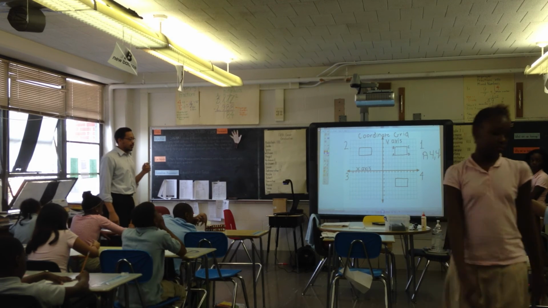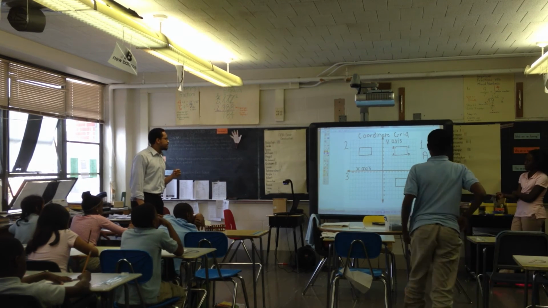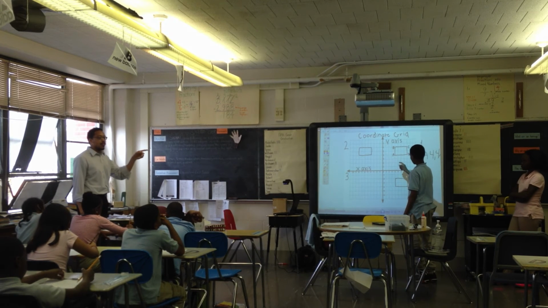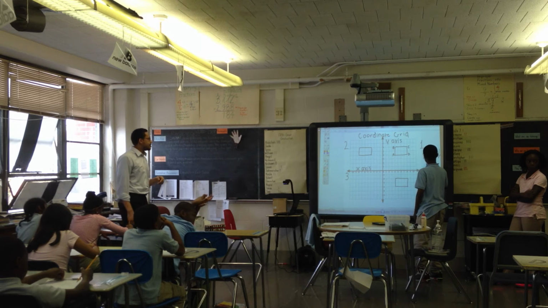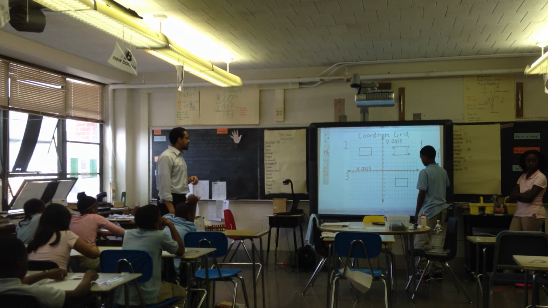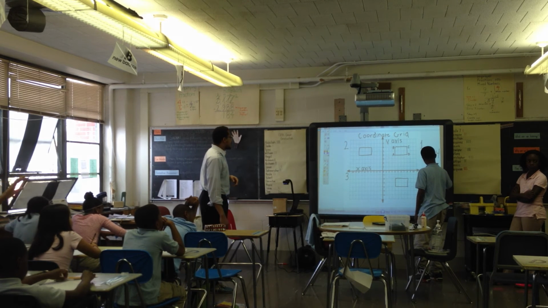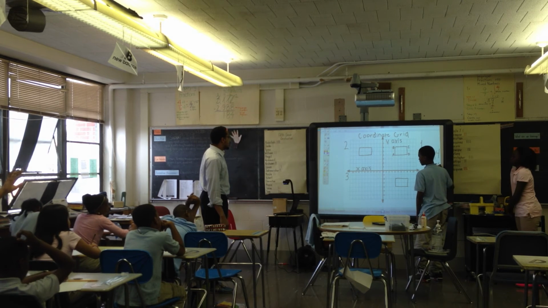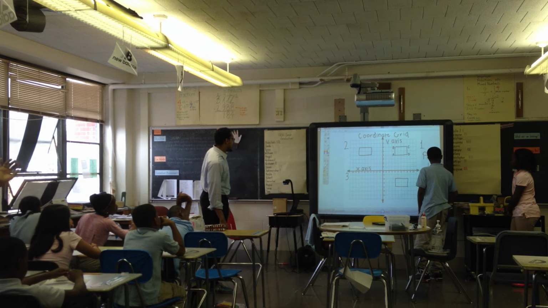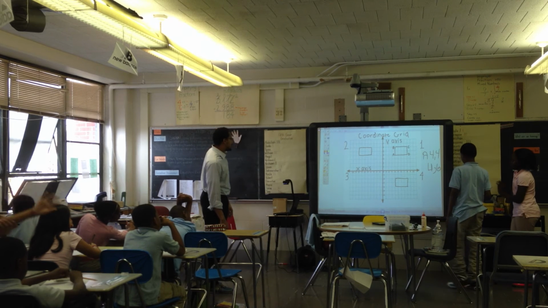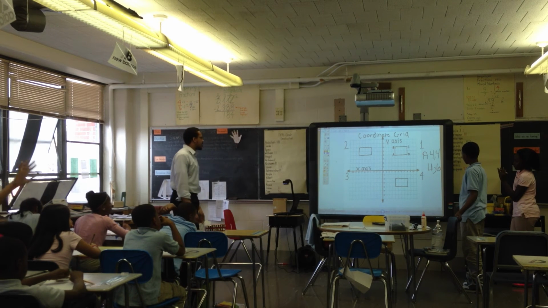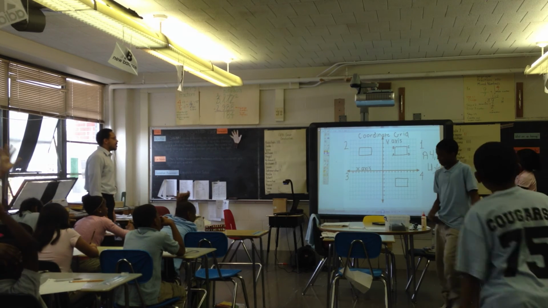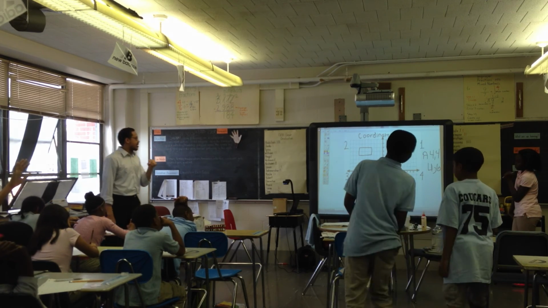Can you do B for us? Tony, when William's done with B, you'll get C. Okay, so William, you said that B is 4, 6. Okay, so B is 4, 6.